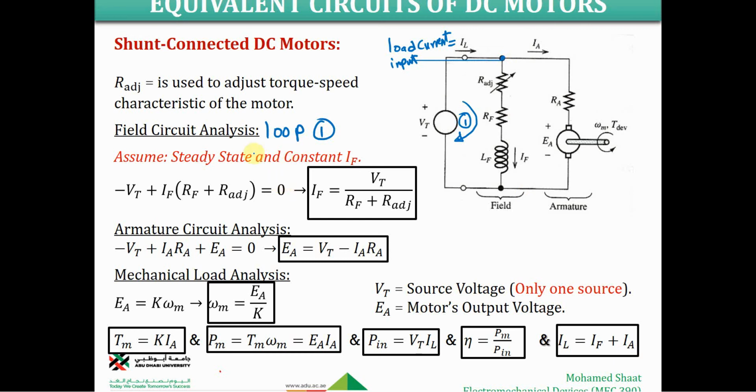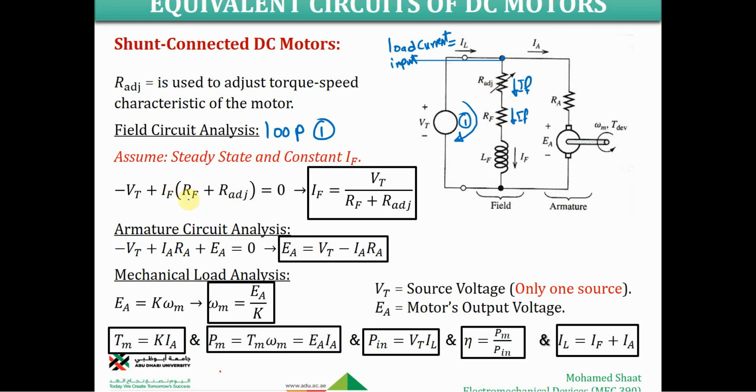Make sense? So applying Kirchhoff voltage law to loop 1, we have here VT in the input, so that's why it is negative, plus IF, because the current over this branch is IF. Over this resistance it is still IF, so it's going to be IF times RF plus R adjusting, and we're going to talk about this resistance once we finish this equation.